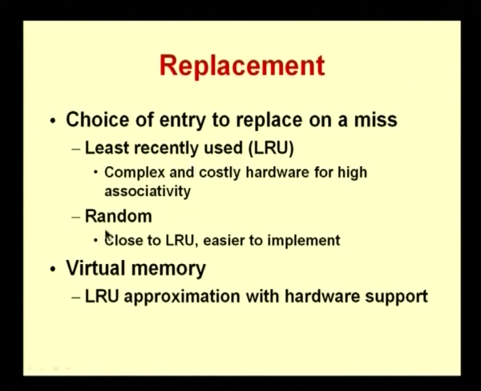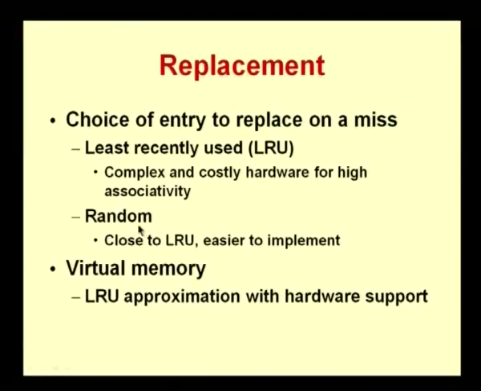Many other processors also use the random replacement policy, which is actually very easy to implement because you just pick one block at random and replace it. It is also found that random almost gives you as good a performance as LRU. And for virtual memory, LRU approximation has been used with some hardware support.